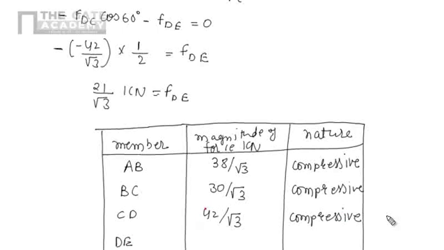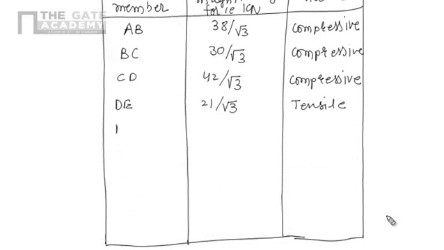Similarly, for DE, the magnitude is 21 by root 3 and the sign is coming positive, so tensile. Similarly, for EC, the magnitude is 18 by root 3 and the sign is coming positive, so tensile.